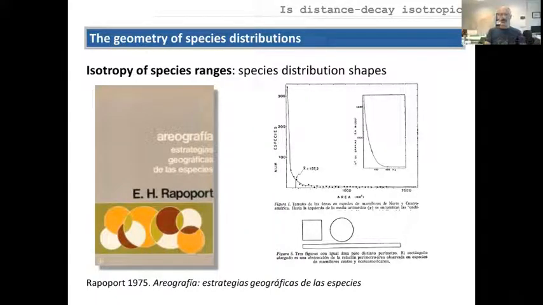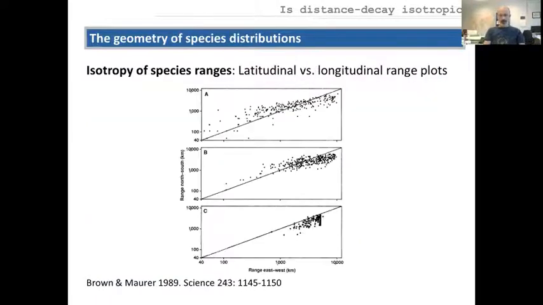I recommend everybody starting in biogeography to read this book because it has a lot of very wonderful ideas. Something very interesting to read. Eduardo Rapoport realized that the shape of species distributions can tell us things about the processes that determine these species distributions and their limits.